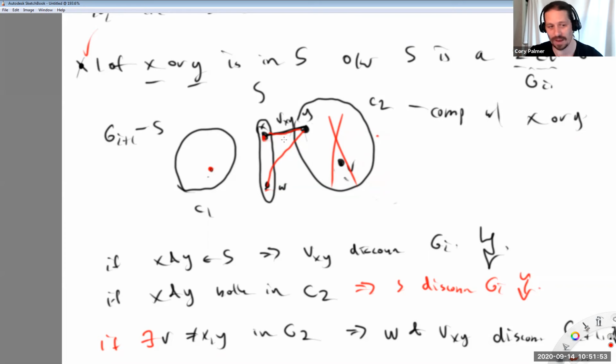The only way for that to happen is if Y is by itself and its deletion, this component C2 doesn't exist in GI plus 1. That's the only way to get away with it. But if that's the scenario here, then Y's degree was too small. Okay, and so that ends the proof there.